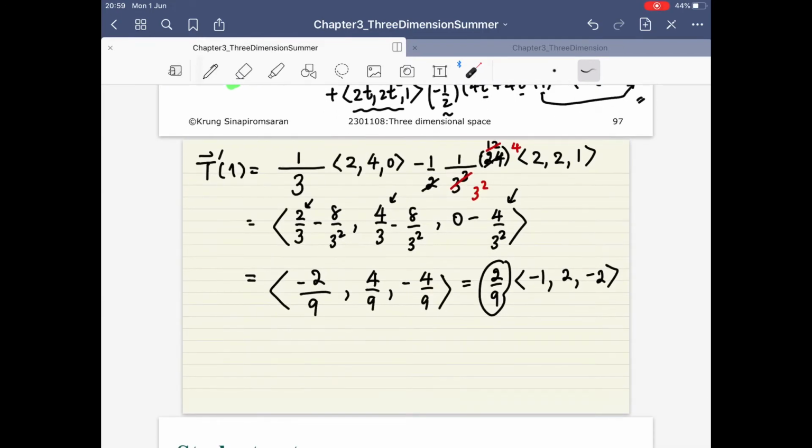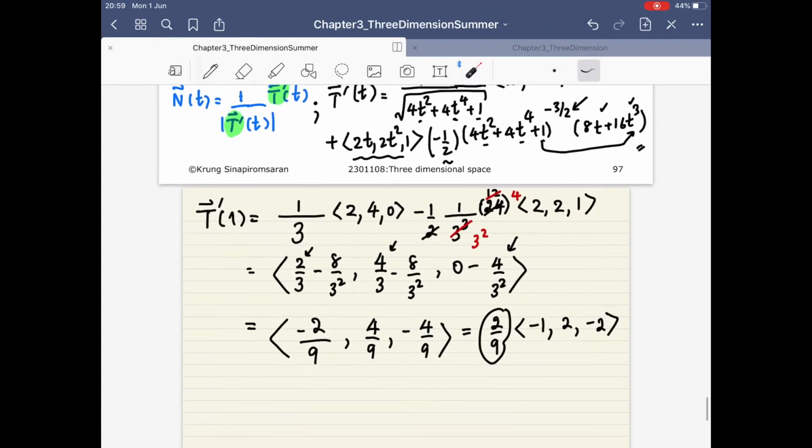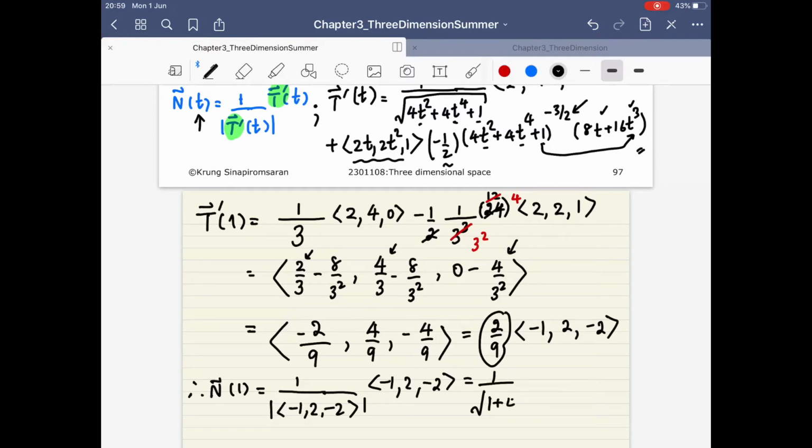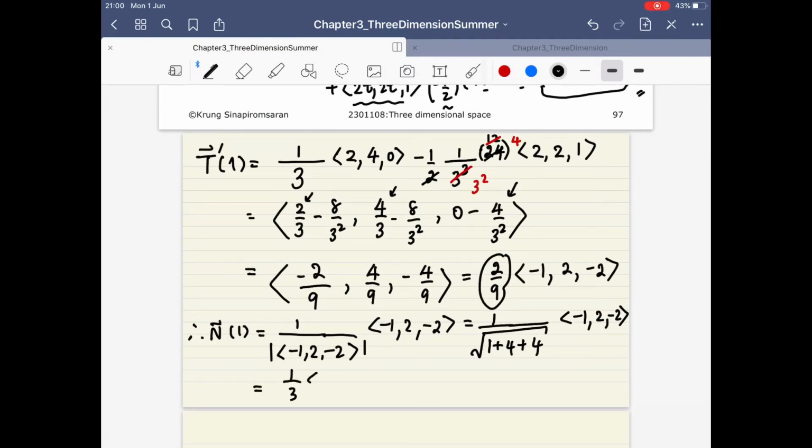Okay, so actually to find your capital N at a particular point t under consideration, it's simply 1 over the length of -1, 2, -2, which is 1 over the square root of 9, so it is 1/3 of -1, 2, -2. So this is our N.